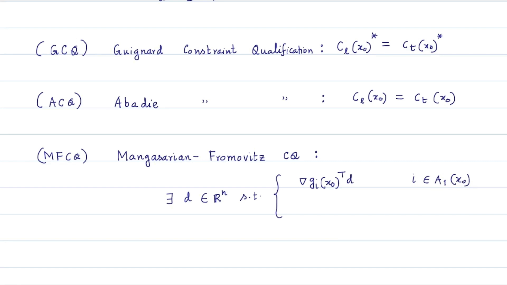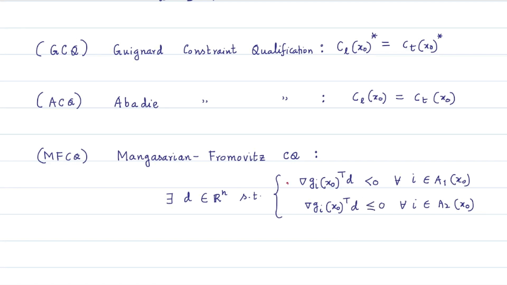We have the gradient of g_i(x naught) transpose d is less than 0 for all i belonging to A1, and the gradient of those g_i for which i is belonging to A2(x naught), that is those g_i which are affine, for them we must have here less than or equal to 0.